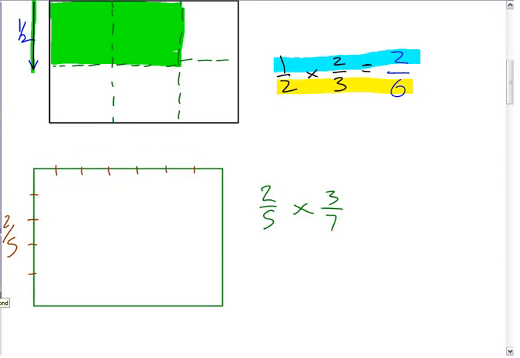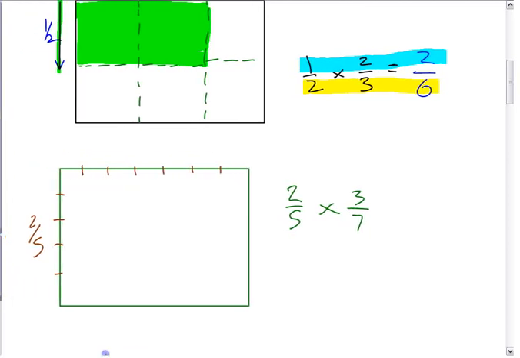Okay, if you were going to represent this with fractions, you would want 2/5 this way, and 3/7 that way. How much would you have shaded? You would have shaded how many? 3 out of 7? No, not 3 out of 7. How many would you have here?